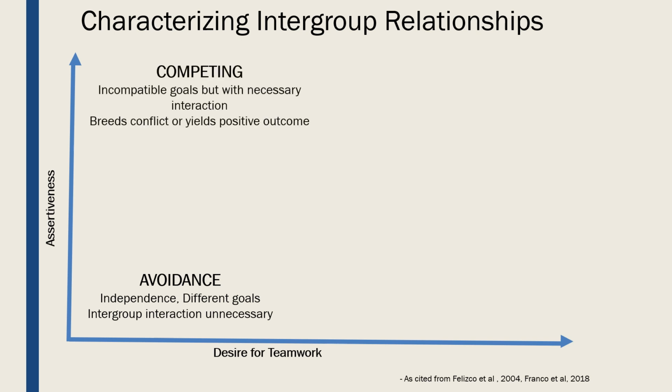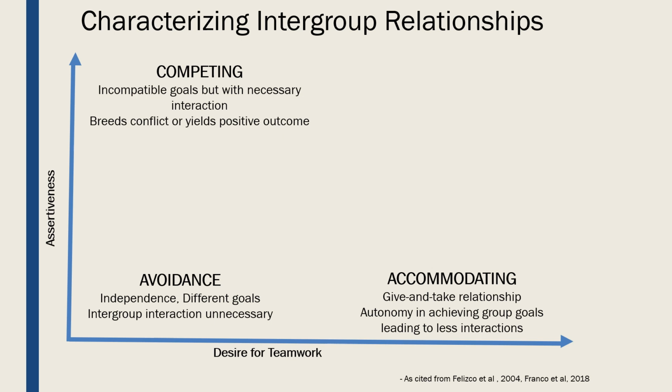Increase natin yung assertiveness, becomes competing since they have no desire for teamwork. It could be that their goals are incompatible, so but with necessary interactions. This sometimes breeds conflict, or it can also yield some positive outcome because of the competition.